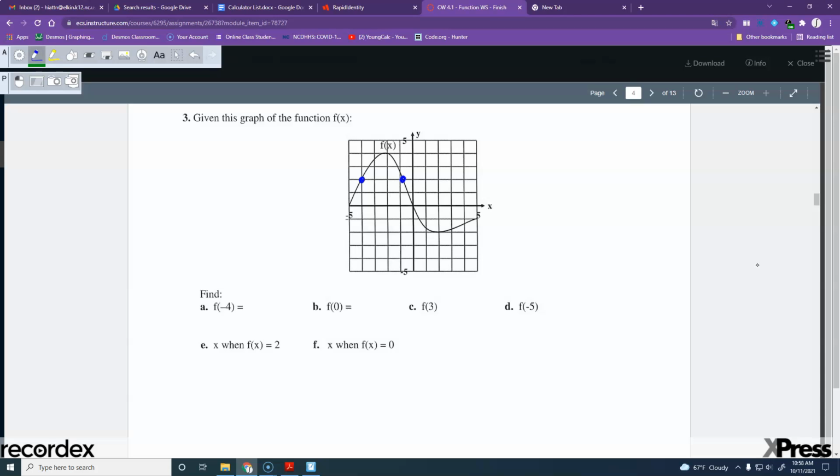Okay. All right. So we would have x equals -4. This one's going to require a little estimation. What do you guys think for that one? We're talking about this point right here. So we know at this point, the y-coordinate is 2.